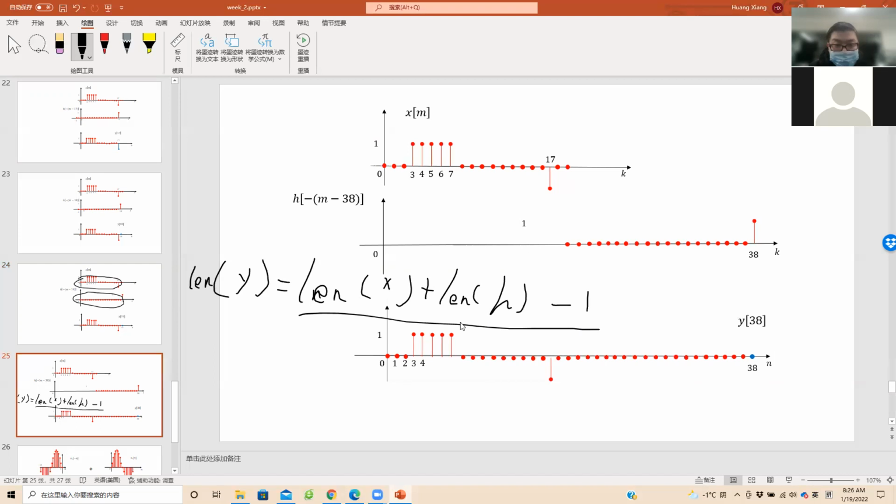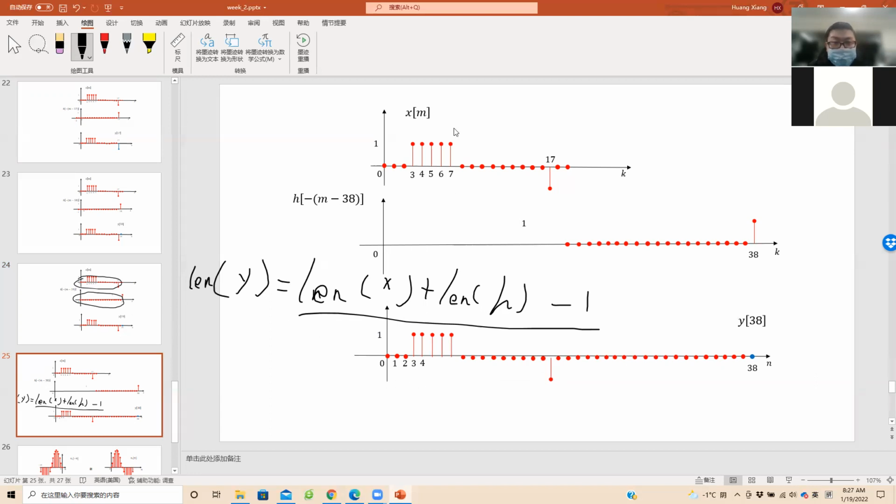This is a question you will answer in the paper, so please remember that the output length of convolution is the input length plus impulse response length minus 1.